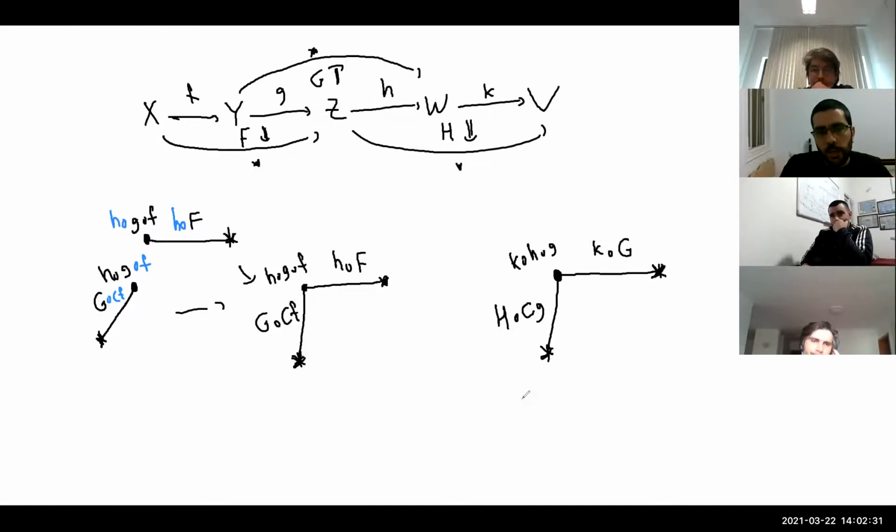So now to build the higher order Toda, it's not enough to have this. We must have a null homotopy for this and a null homotopy for this Toda. So we have to fill it, for a map from the double cone.